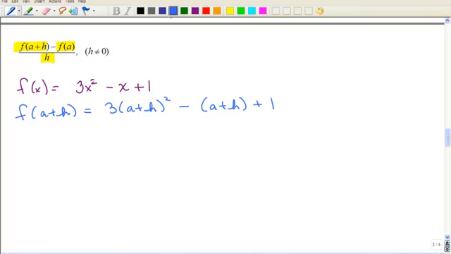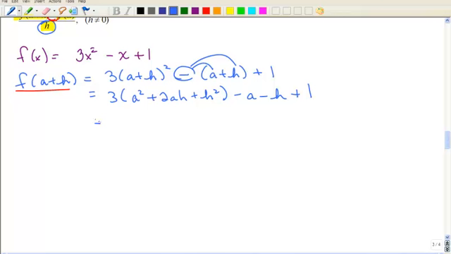All right, order of operations, I need to square this out first. Then I need to be very careful and distribute that minus sign. So now we need to distribute the 3. So that is f of a plus h.